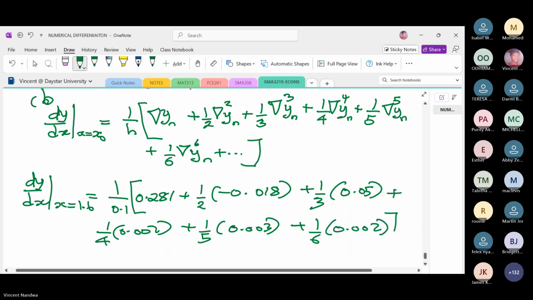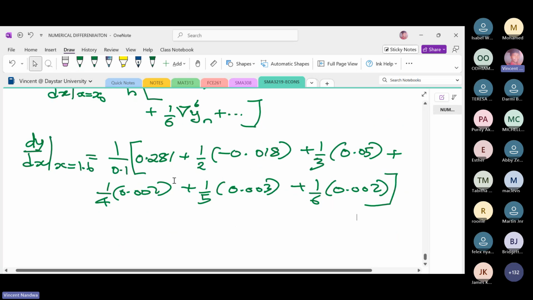Correct. So that's what you have. Then when you simplify, confirm that you'll get a number close to 2.75.